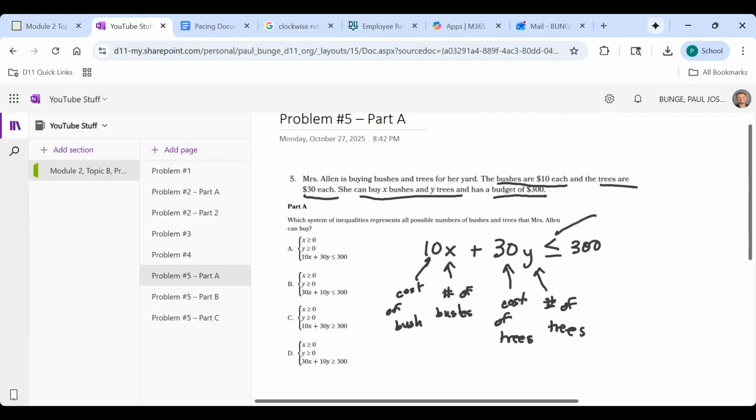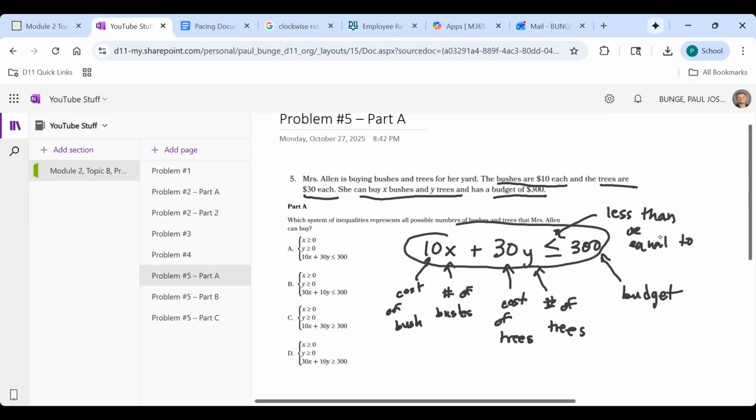This symbol means that she has a budget, so it must be less than or equal to the budget, because then she's still within what she wants to spend. And the budget is $300. So now we have our inequality. We look at this inequality, and the only one that aligns with it is A.